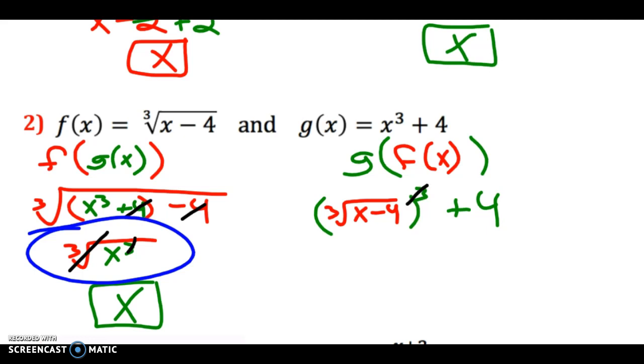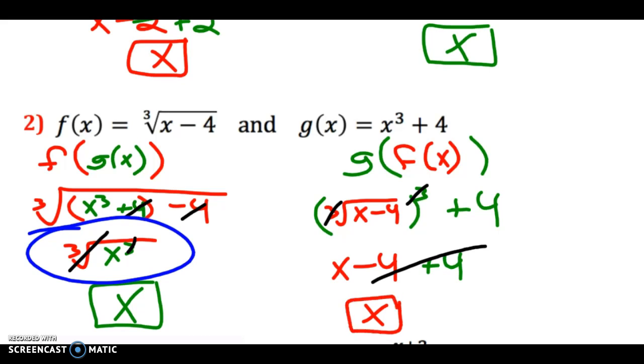I've got an exponent of 3 and a radical index of 3. Those would knock each other out. So I'm just left with x minus 4 plus 4. The 4's knock each other out, and I'm left with plain old x. So these two functions are, in fact, inverses.